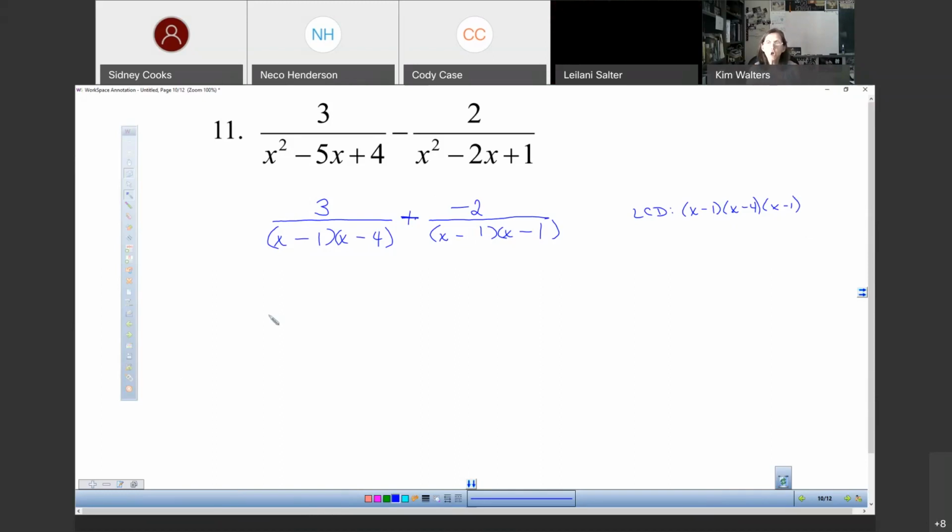Okay. So my denominator for each of my new fractions is going to be x minus 1 times x minus 4 times x minus 1. And you can write that in whatever order you want to.